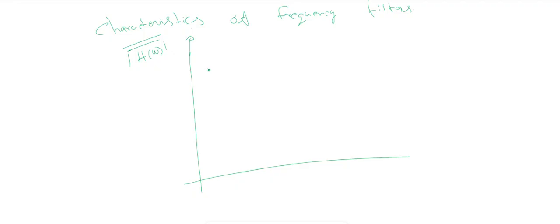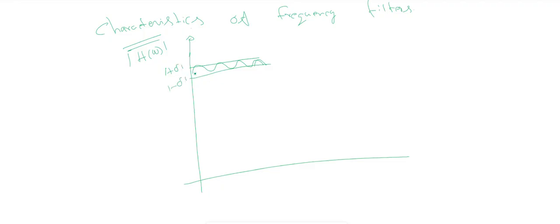And also it is not necessary that the magnitude should be constant for the entire band. There will be tolerable ripples in the pass band, and there will be tolerable ripples in the stop band also. Ripples in the pass band you can specify with respect to del 1, so the tolerable range is 1 plus del 1 to 1 minus del 1.